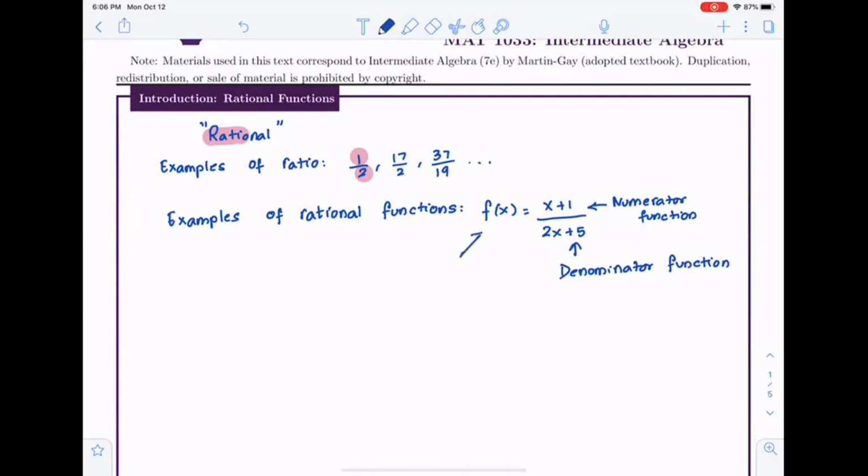And we could do addition, subtraction, division, multiplication, all of these regular things that we do with a function to a rational function, because by definition it is a function.